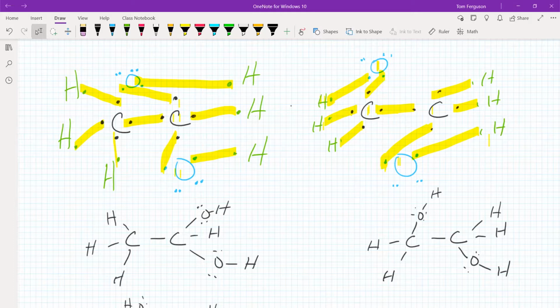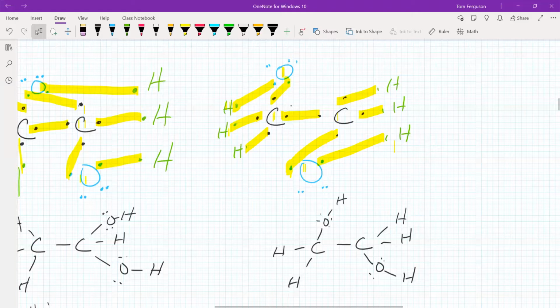They're both alcohols. They'll display alcohol properties, but they're not the same molecule. There's another legal structure we can draw as well.